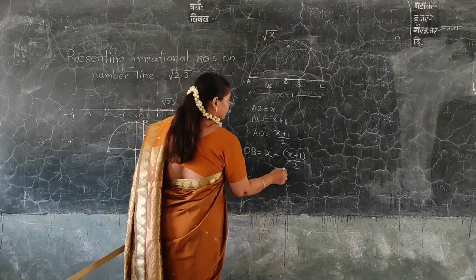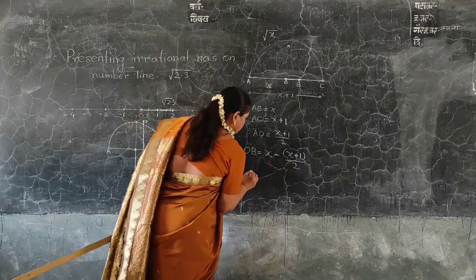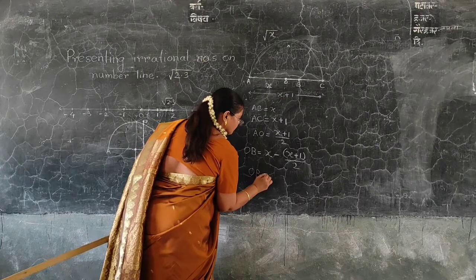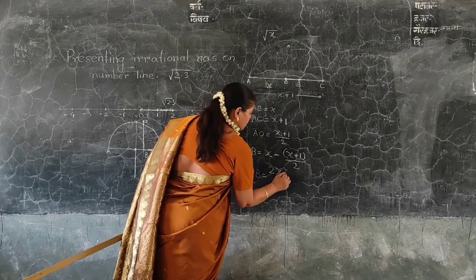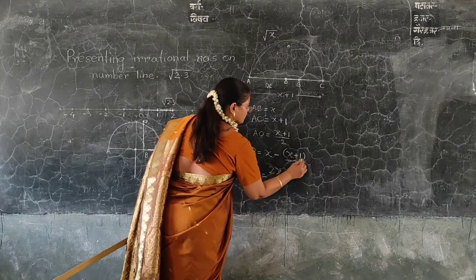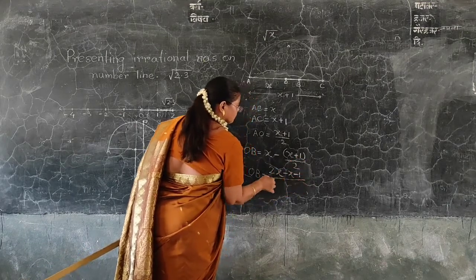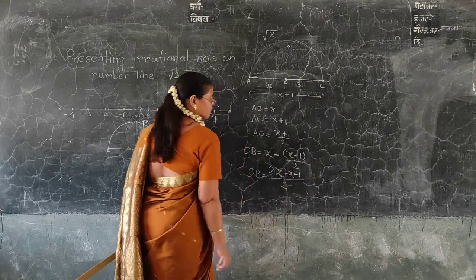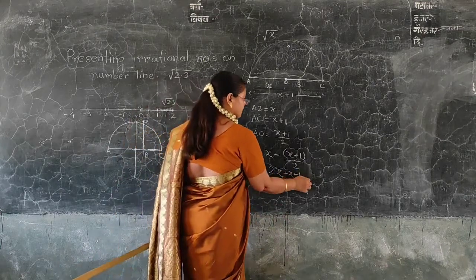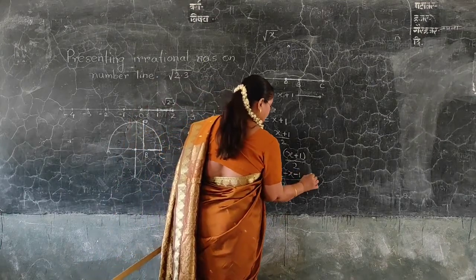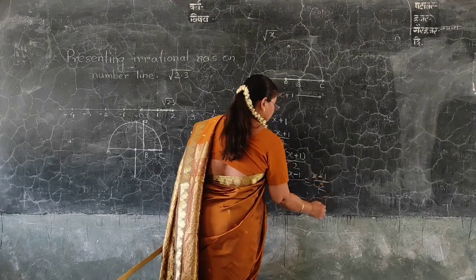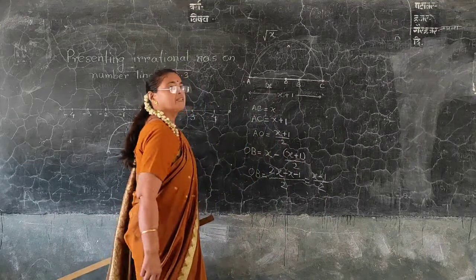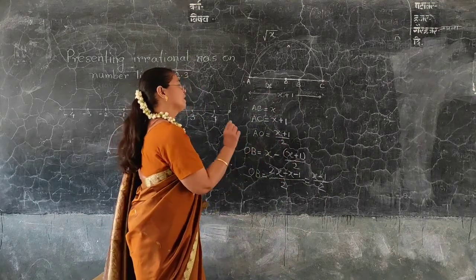Okay, by taking common denominator, we have to multiply this by 2. So twice x minus 1 upon this 2. So twice x minus x is x minus 1 upon 2. So distance OB is (x minus 1) upon 2.